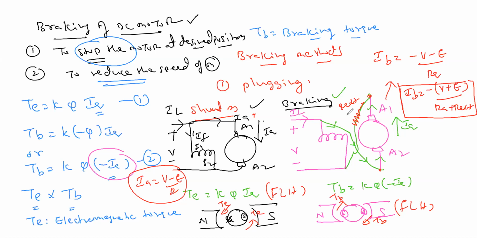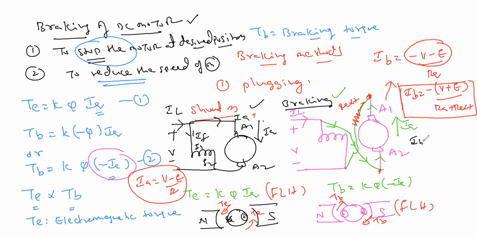Another point, one more point. What is the voltage here? What is the voltage across the armature resistance now? Ia Ra. What is the voltage applied across the armature resistance? Ia Ra, the braking current is Ia only here. So during plugging, the voltage across the armature resistance is V plus E approximately. Next point you can mention: voltage across the armature resistance during plugging.